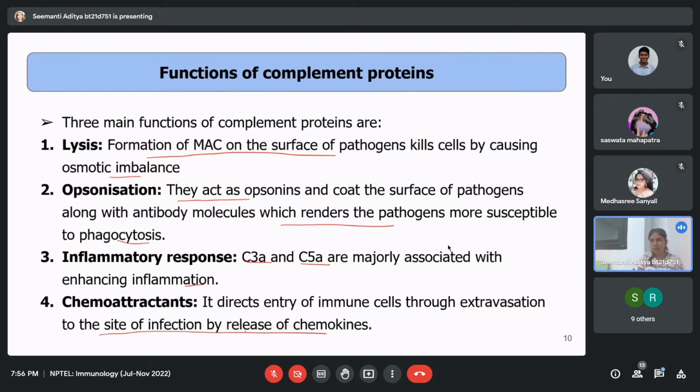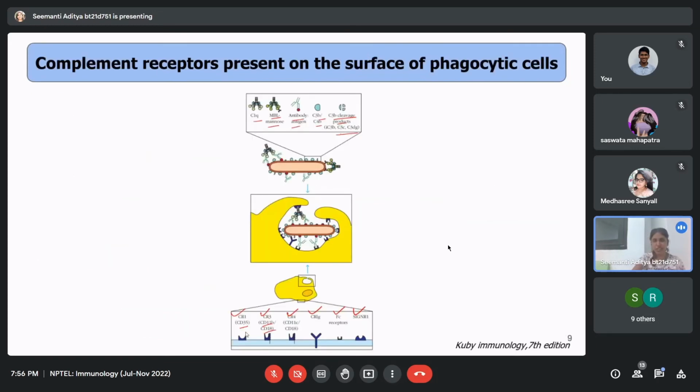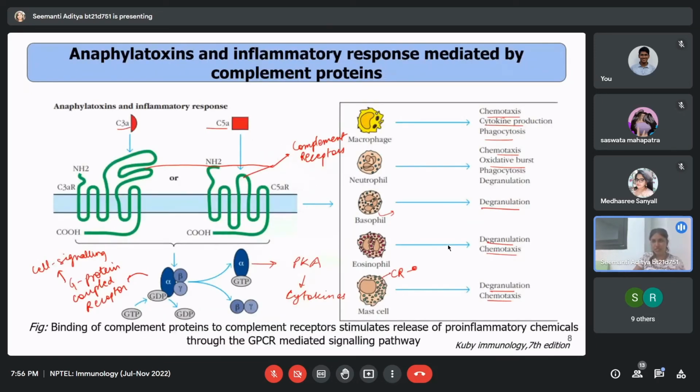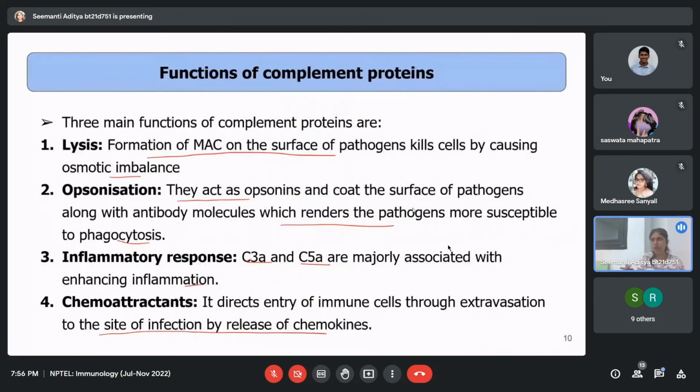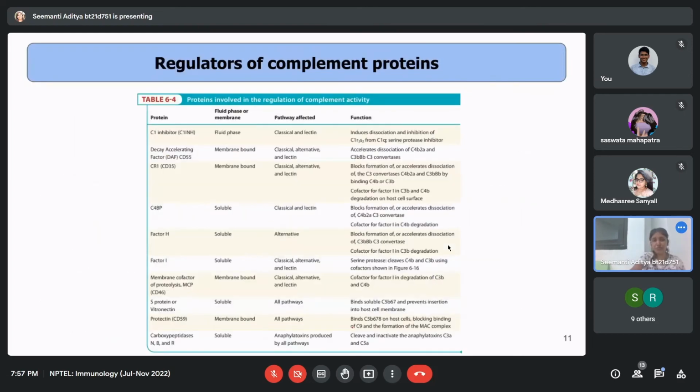So complement proteins coating the surface of an antigen will help in releasing inflammatory chemokines and cytokines, based on whatever cell type it is interacting with, and that is going to call or direct more cells towards the site of infection.